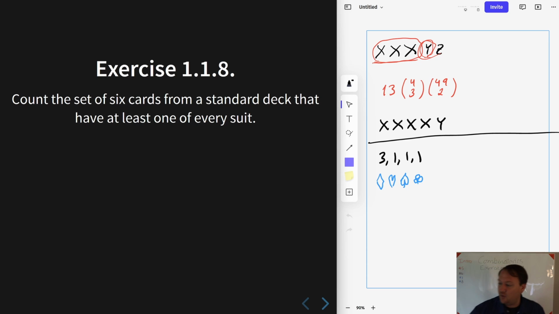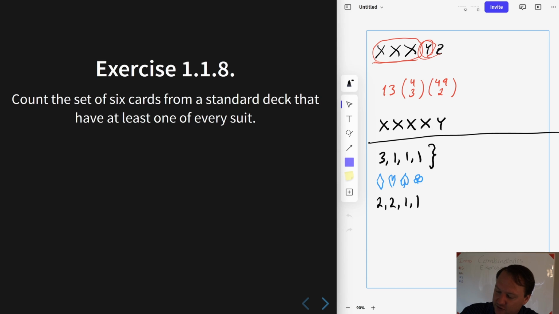And then this is not the only way that it could go. Obviously, we could also have 2-2 and then 1-1. But there are no other possibilities, so really, these are the only interesting possibilities. How many rearrangements are there for this 3-1-1-1? How many other ways could we have given some suit 3 and everything else 1?